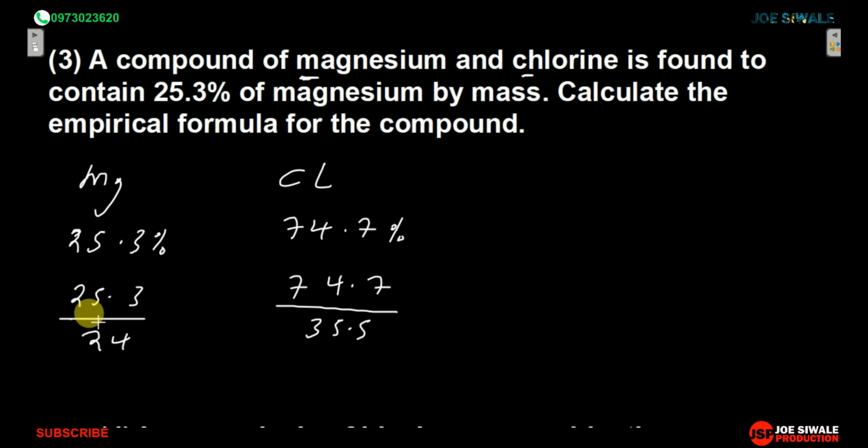So 25.3 divided by 24, that's 1.1. Then 74.7 divided by 35.5, that's 2.1.